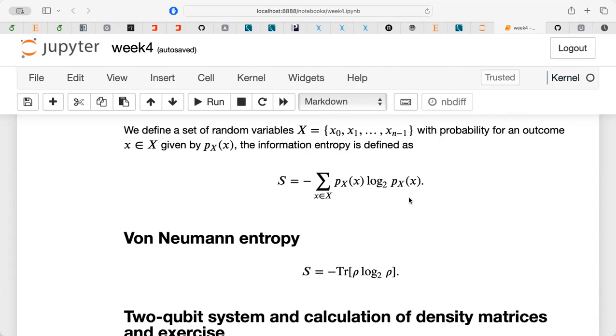If we have a mix of states, then as we saw last week from the binary system, the entropy will be different from 0. So the higher the entropy, the more mixed in a certain sense is a system, or the less certain you are about which state the system is in.